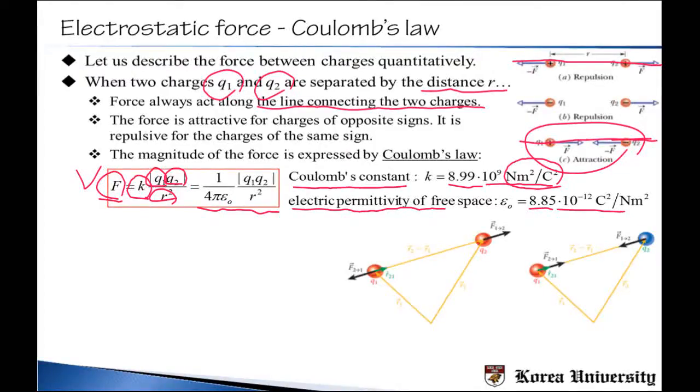Apparently it is much simpler to use Coulomb's constant. Then why do we need this second equation? It is because in the next chapter, when we learn Gauss' law, this expression will actually become easier. So let's wait for the next chapter to see a real example.